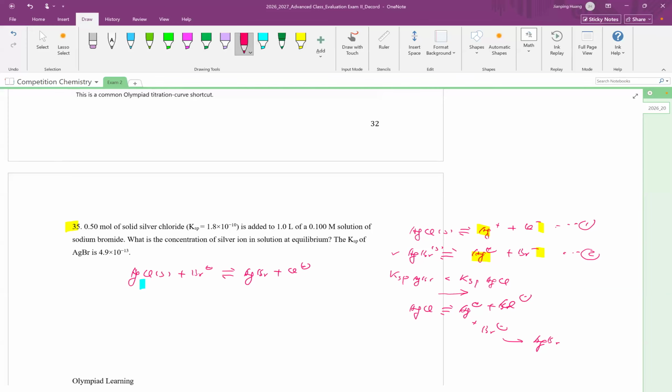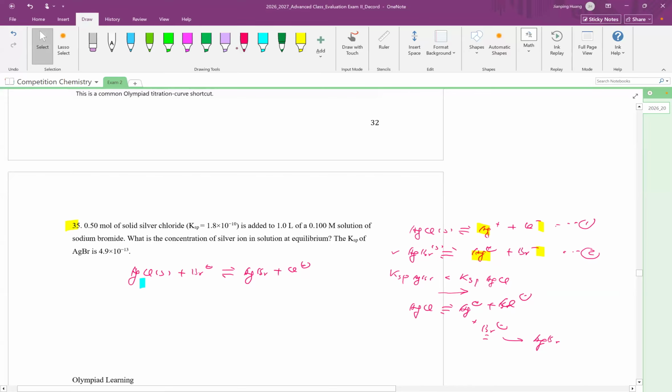If you do not have enough of this one, it should be dissolved, okay? Now, let's look at how I'm going to do it. The question said, you have this one, you have this one. What's the concentration of silver? You can use this equation.